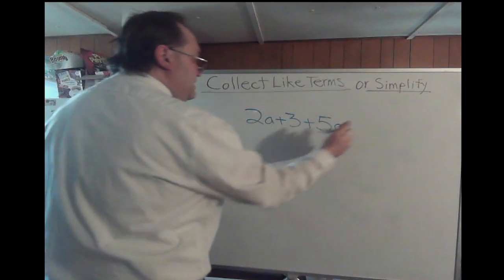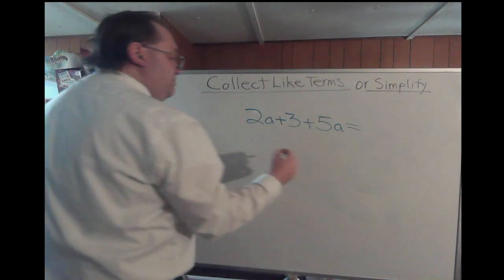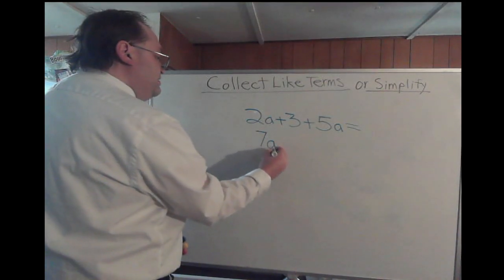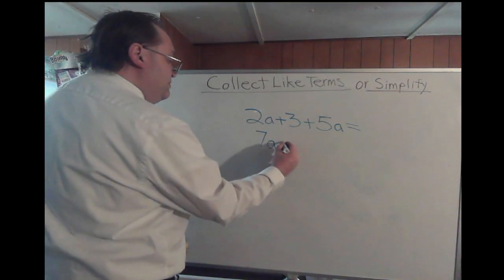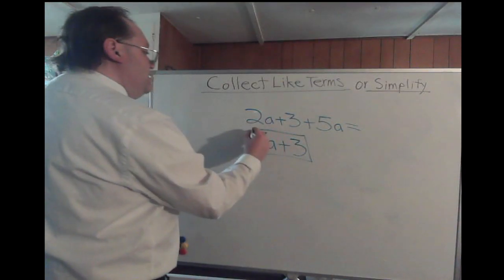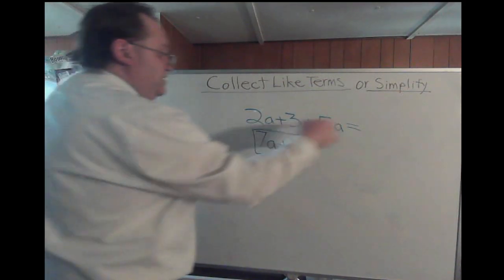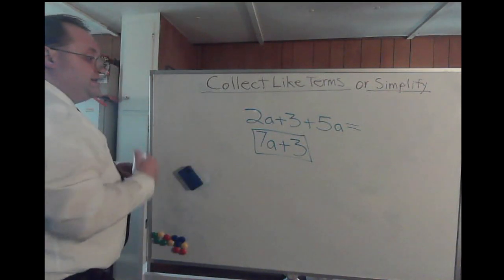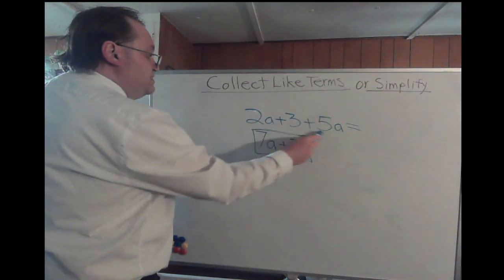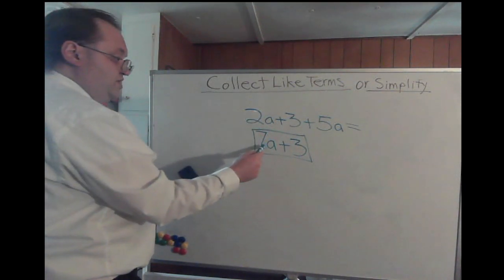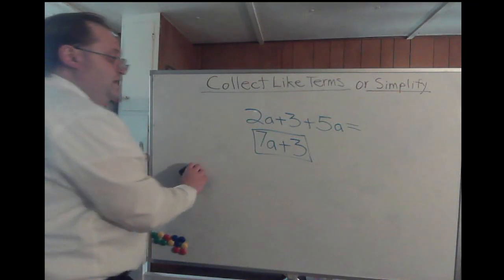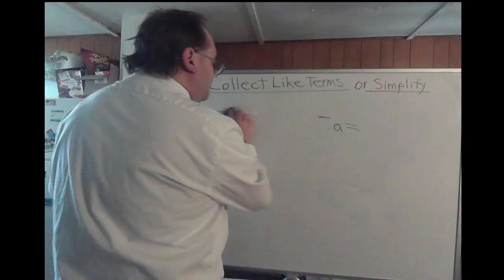You're going to add the coefficients. 2 plus 5 would be 7a. Then you just have 3. You can't do anything with that, so it will just be 7a plus 3. If we had another constant, you would add the constant to 3 and you would get a simplified result.